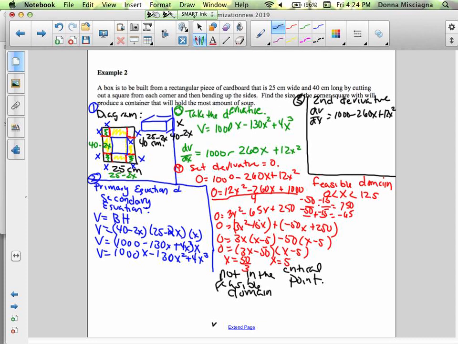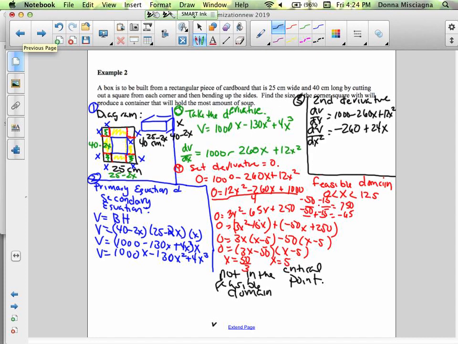And if we take the derivative, d2V/dx2, the derivative of 1,000 is 0. Derivative of negative 260x is negative 260. And the derivative of 12x squared would be 24x.